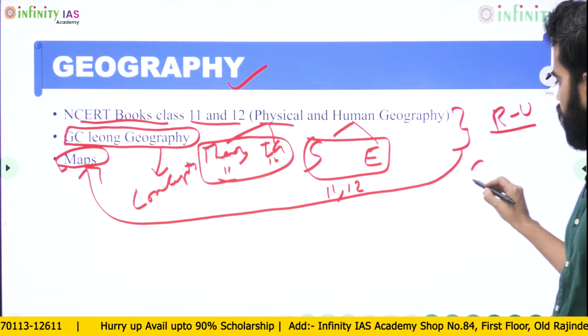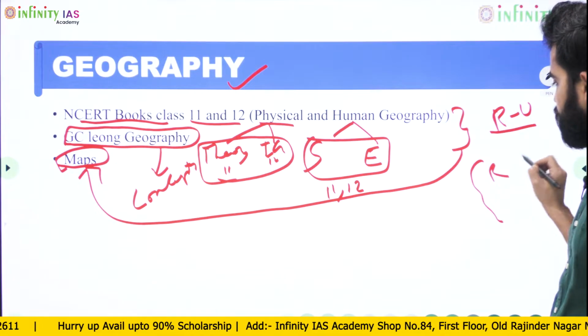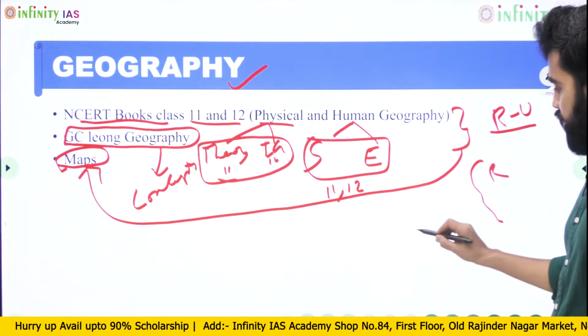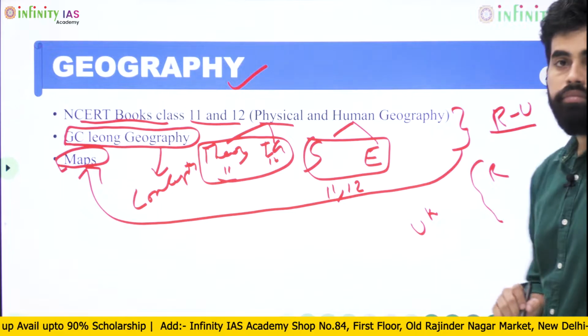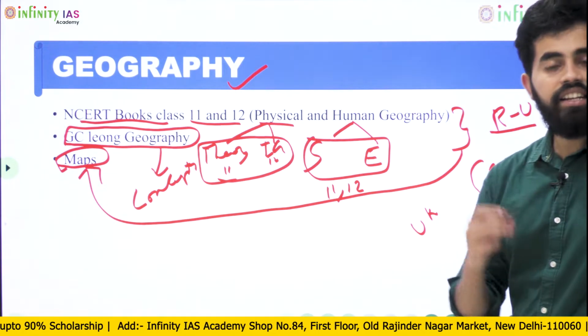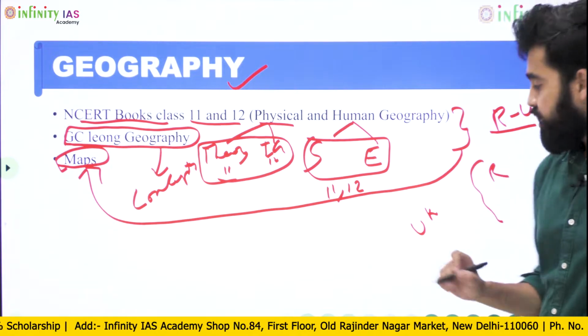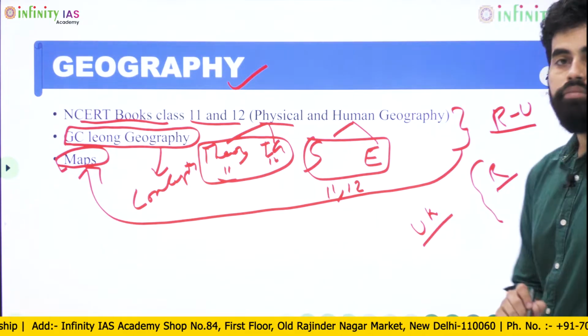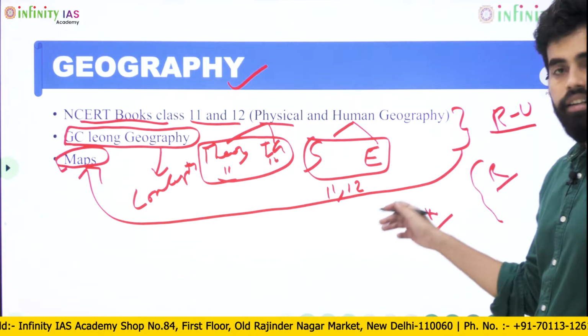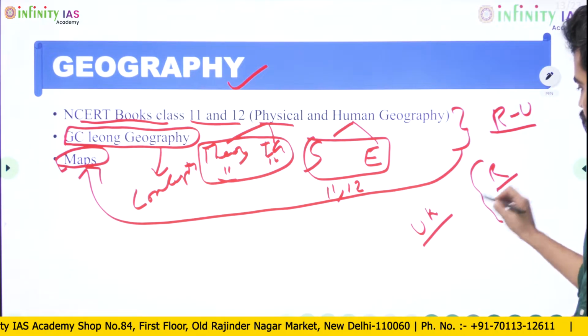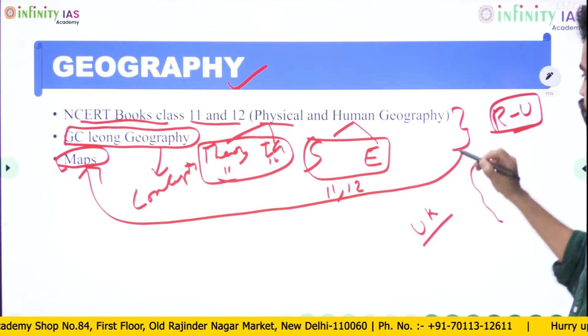We can see what the bordering countries of Russia and Ukraine are, and what seas and straits are connected to these two countries. And there are other related current affairs with regard to this conflict.